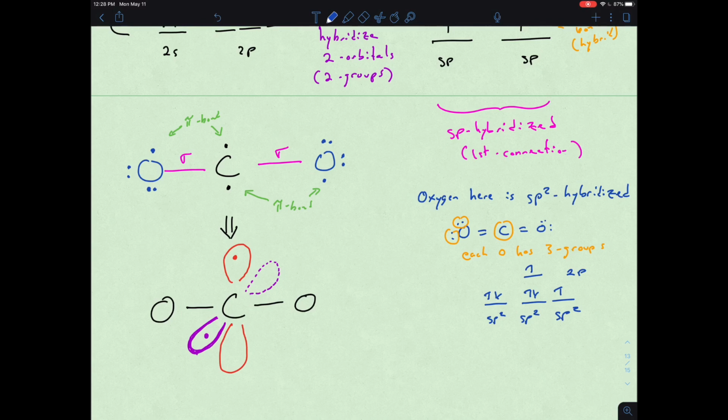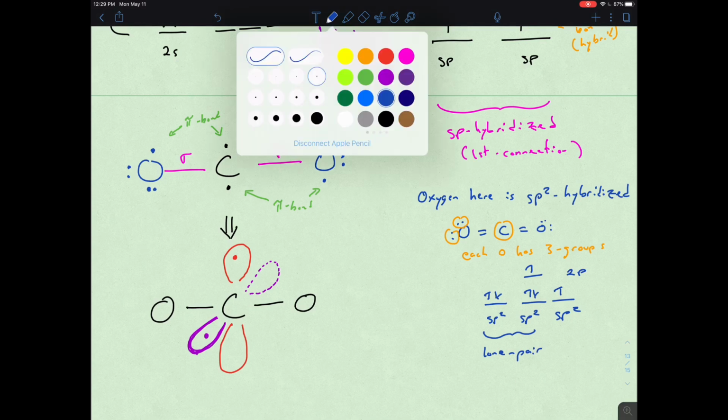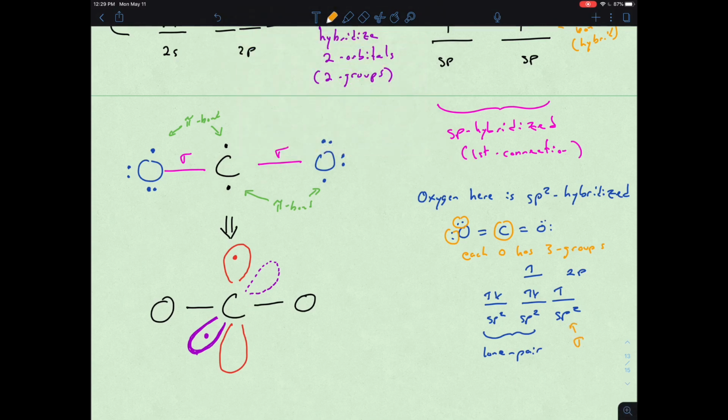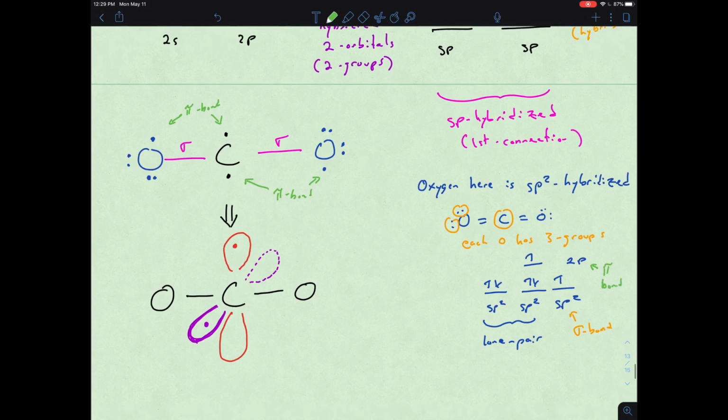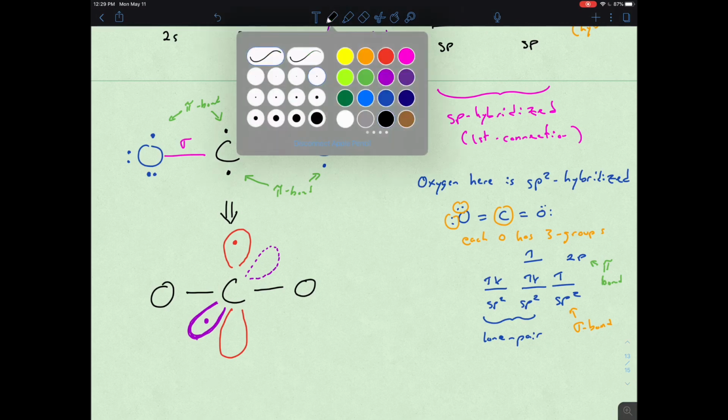And so that means we have 2 lone pairs in our sp2 hybridized set. And then we have 1 sp2 bonding set for the single bond. And then we have 1 2p for our pi bond.